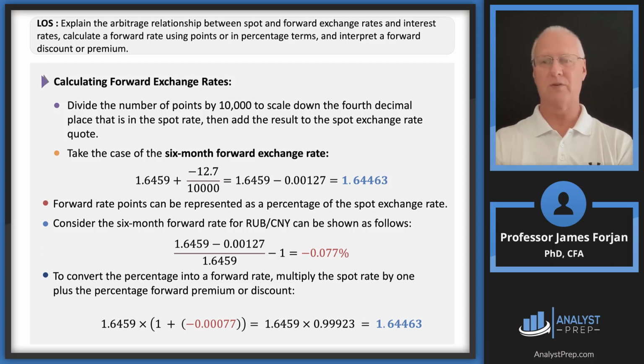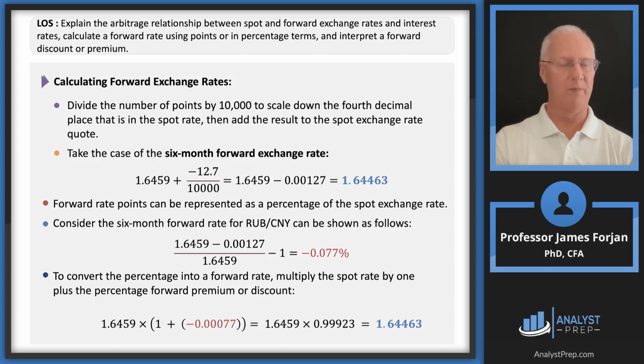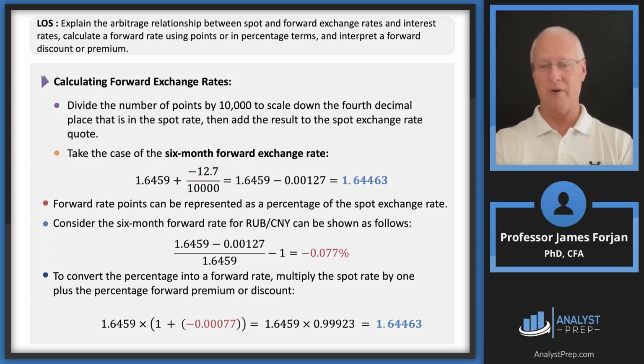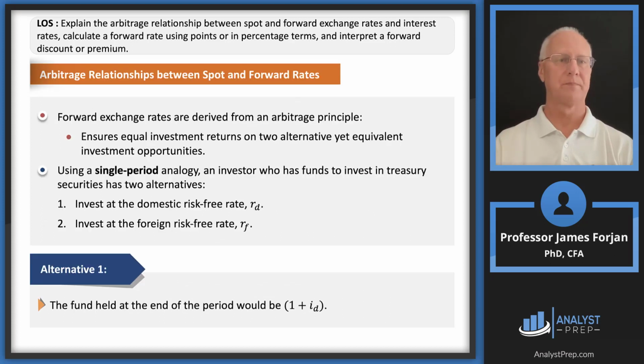If you do 1.64463 divided by 1.6459 minus 1, you get the, what is that, 0.077 percent. And then you can use that number and convert it back to the 1.64463. This is really just simple math. So take a look at those 4 bullet points going down the left-hand column. The Institute could ask you any of those 4 questions.